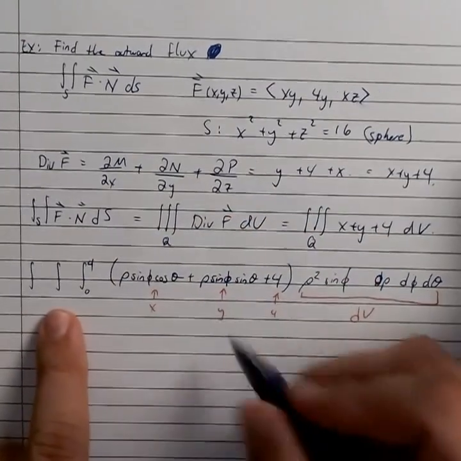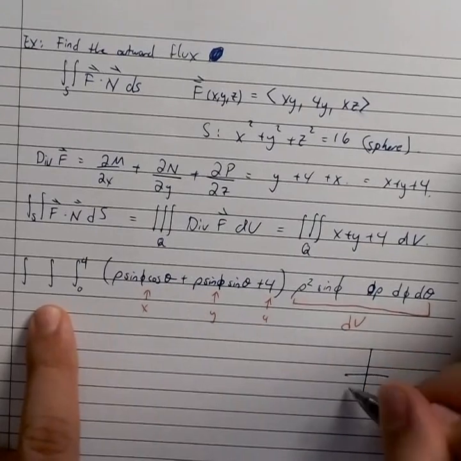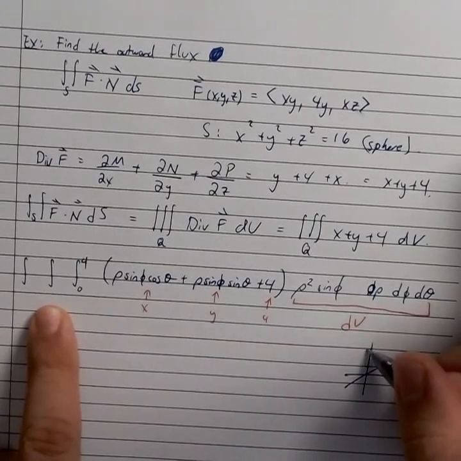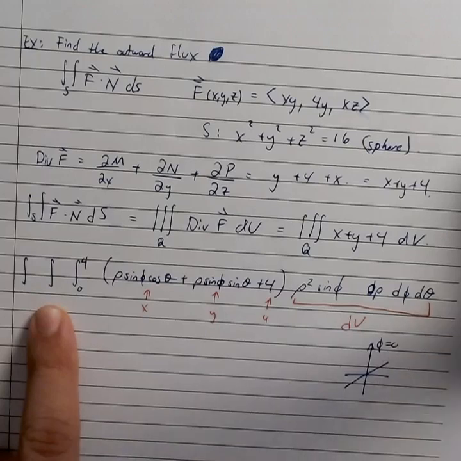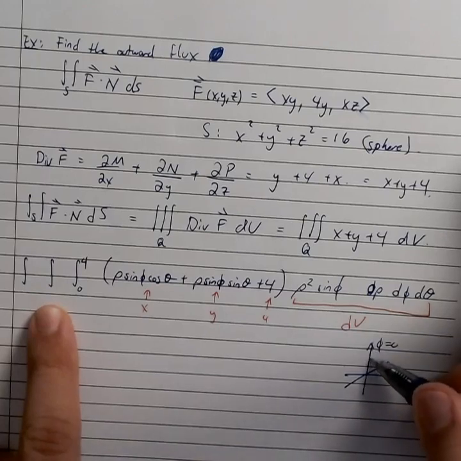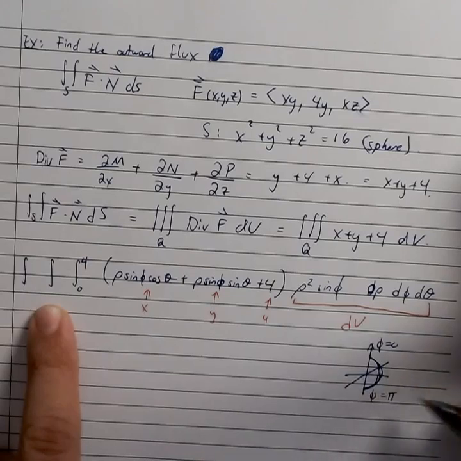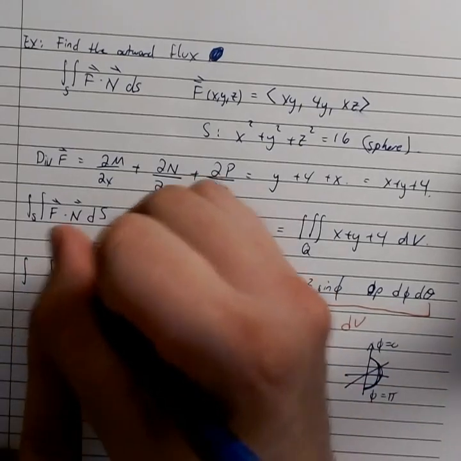Remember how phi works? You're starting from the positive half of the z-axis, so here phi is equal to 0, and then you come down from there. I don't want to come down just to here because that would only give me the top half of the sphere. I want to come all the way down so that I'm facing in the opposite direction, so that's phi equals pi. 0, pi over 2, pi. So phi is going to go from 0 to pi.